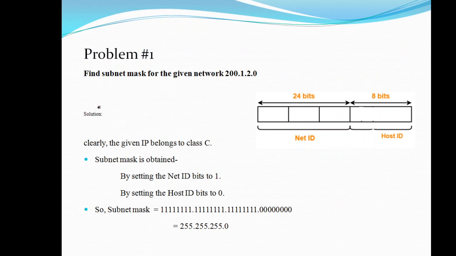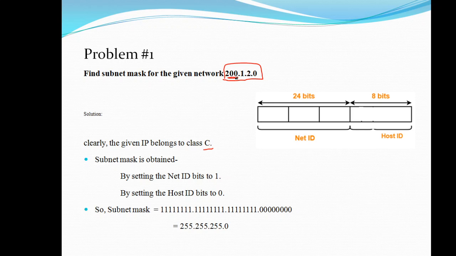Here is an example. Find the subnet mask for the given network 200.1.2.0. By seeing this network ID, we can clearly say that this IP address belongs to class C. The decimal value of the first octet is 200, and for class C, the range of IP addresses starts from 192 to 223, so it is in that range.